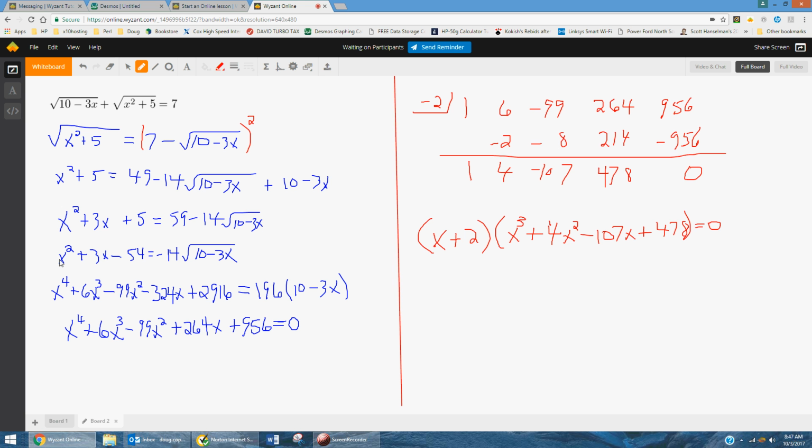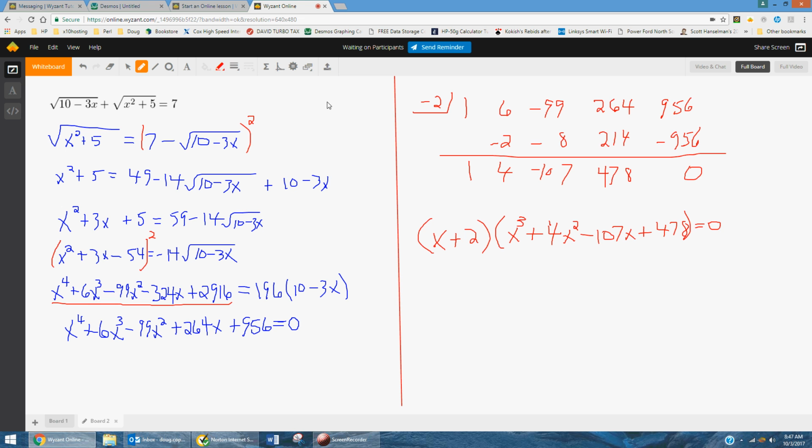Well, here's the mess. When I square this side, I get this mess right here. I mean, this is purely sadistic. To do that, I took x squared plus 3x minus 54 times x squared plus 3x minus 54.